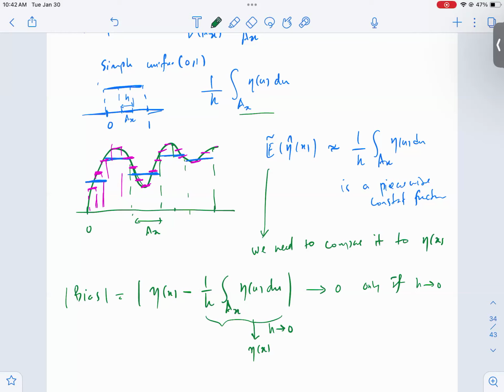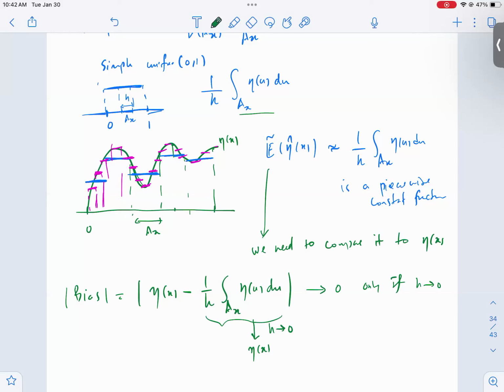What is that green curve? That's the curve eta, the actual eta of x. Do we know that? No, we don't know it, but we want to approximate it. The bias is how far you are from it.